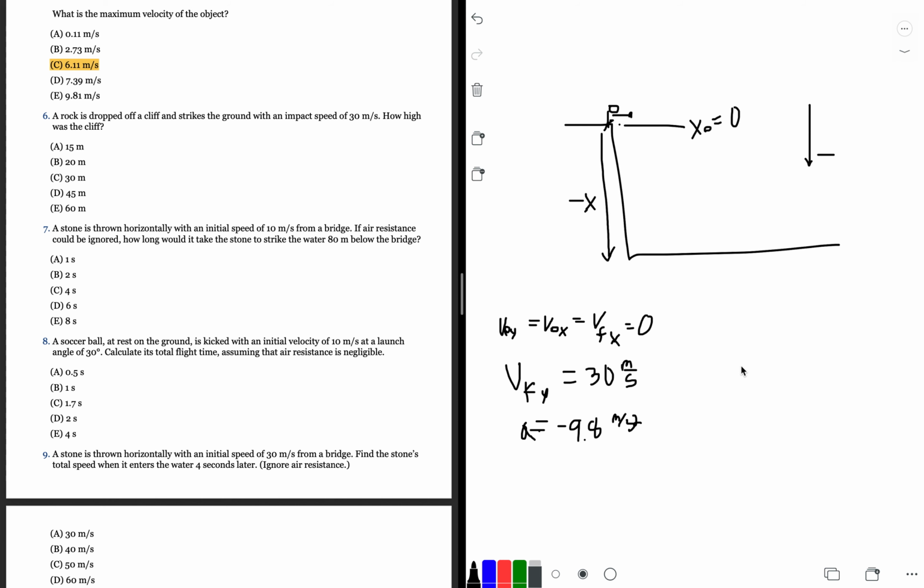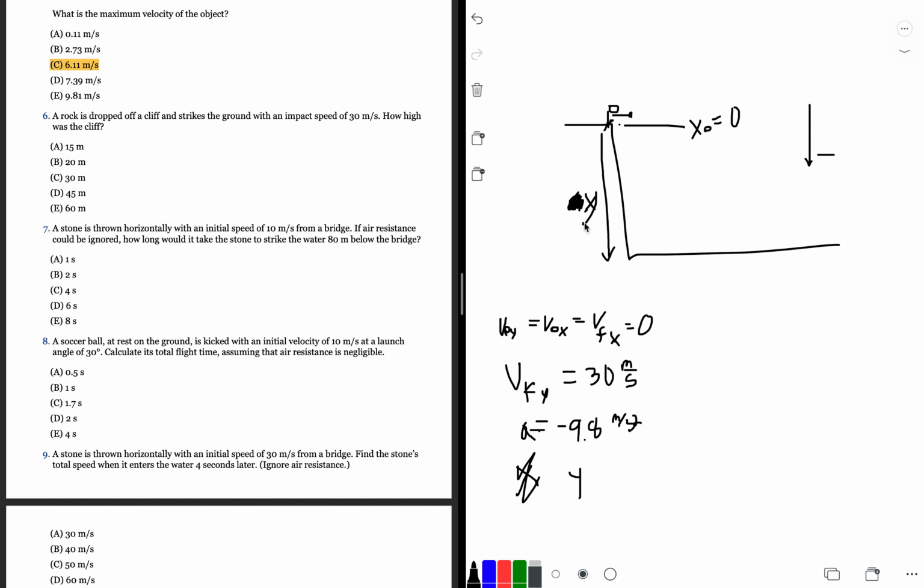So we're solving for the final position, which we could just call x, because the negative is already in the equation. So x is the final position, which is the height of the cliff. And that's actually in the y direction, so it's y.